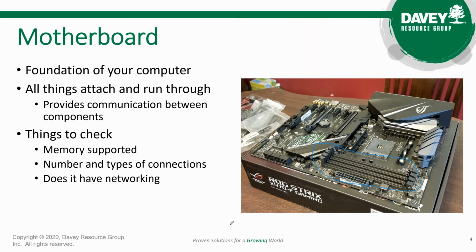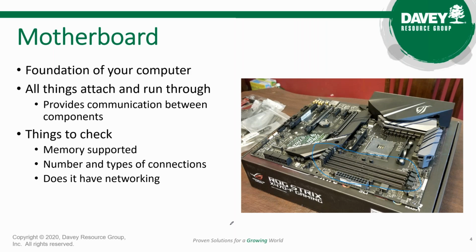So the more paths it can get to that memory, the faster it's going to run, and the quicker things are going to get done. It also increases the amount of memory that can be supported by the motherboard. So that's an important thing to take note of when you're looking at the various systems: how many total sticks of memory can that particular system support.